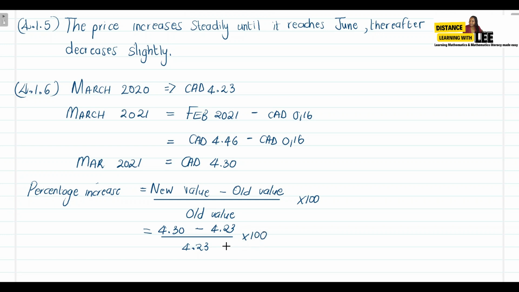We want the percentage increase, guys. If you multiply by 100, your answer will be in percentage, so you don't have to include the percentage there as well. If you punch it into your calculator, you'll find that the percentage increase is 1.65%. So that is our final answer.